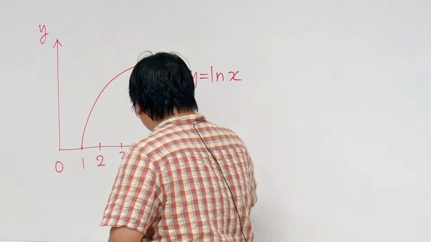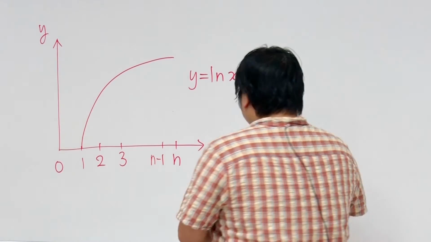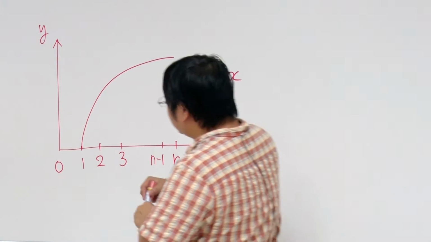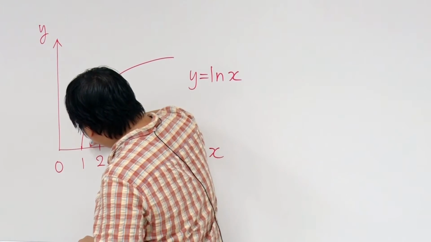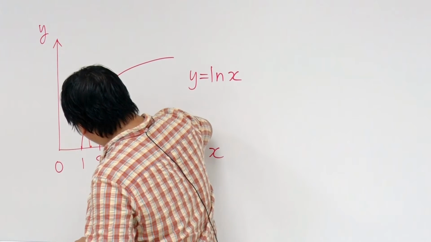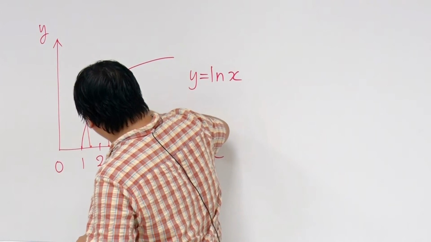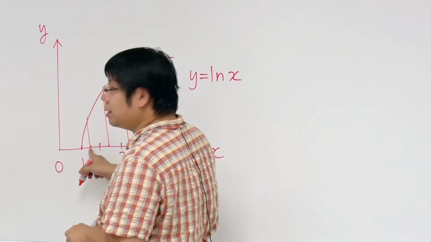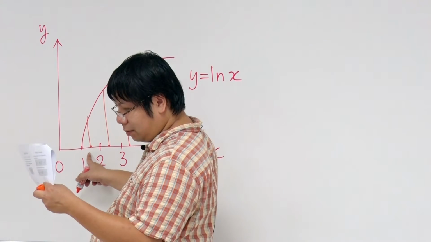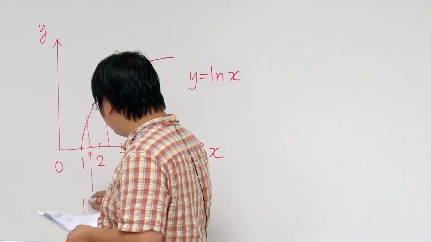So let's say this point is n minus 1. Is that okay? So we do something in the middle. We go to this one, go up. We go to this one, go up. We go to between 2 and 3, go up. So this point is 1.5.